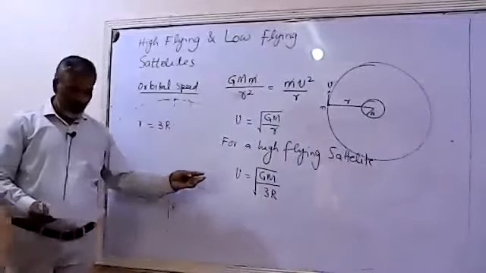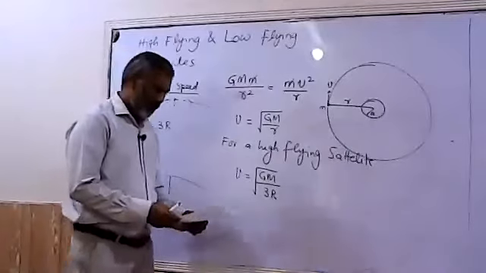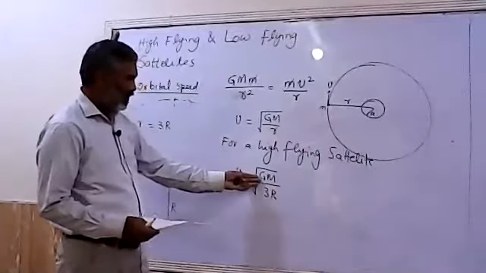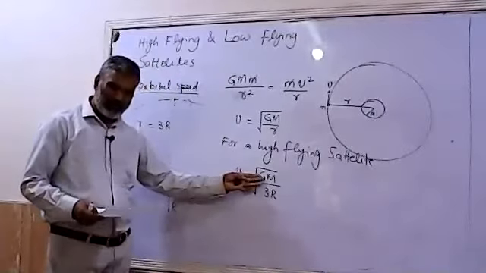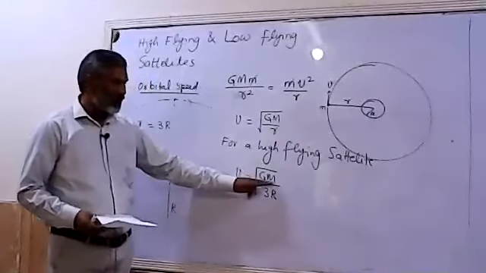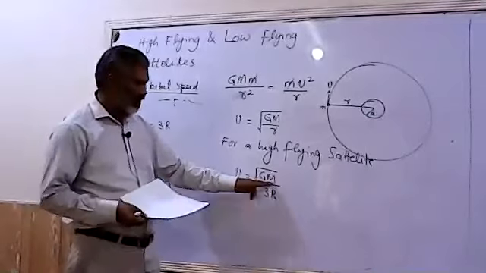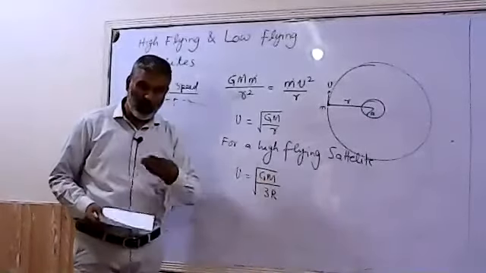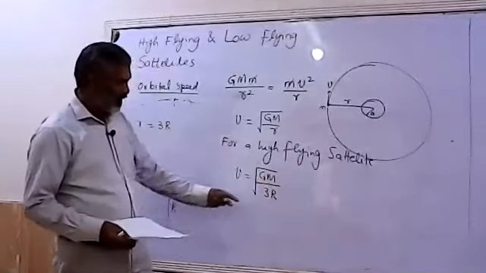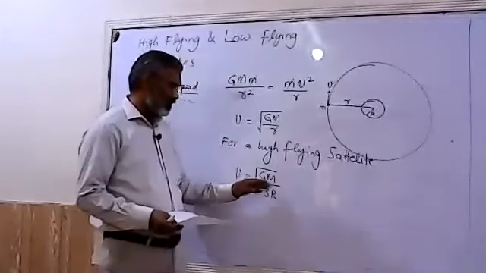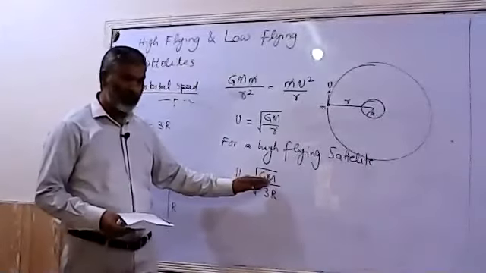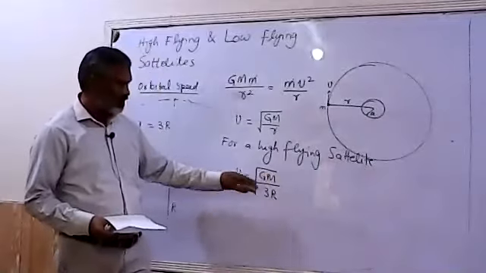If we use all these values with this 6.67 into 10 to the minus 11 given in the data booklet, this value of mass of the Earth, which is usually given in the statement of the question, because you use it so often, you will ultimately remember this. This is 6 into 10 to the 24 kilograms. This is the mass of the Earth.